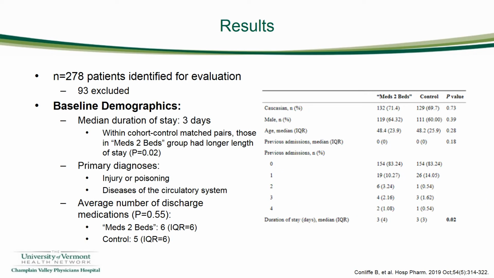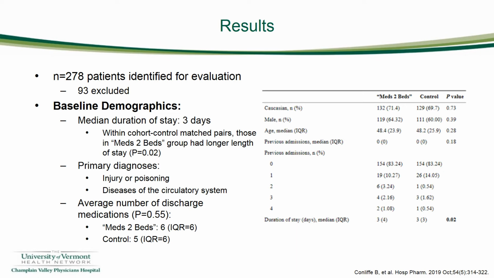Overall, close to 300 patients were identified for evaluation, and 93 actually met exclusion criteria. Comparing the two groups at baseline, they had a median duration of stay of 3 days, but when we looked at the specific cohort control matched pairs that they had, those in the meds to beds group actually had a significantly longer length of stay compared to the usual care group or the control group.